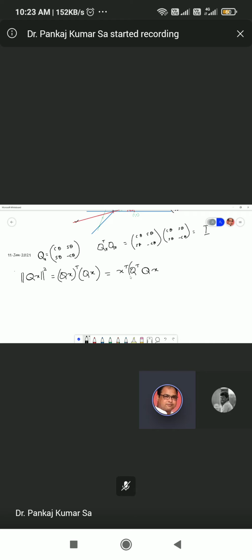And what is this? This is nothing but X transpose I X, where I is the identity matrix, which is nothing but X transpose X.